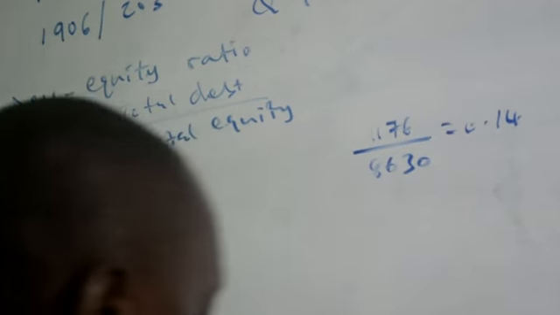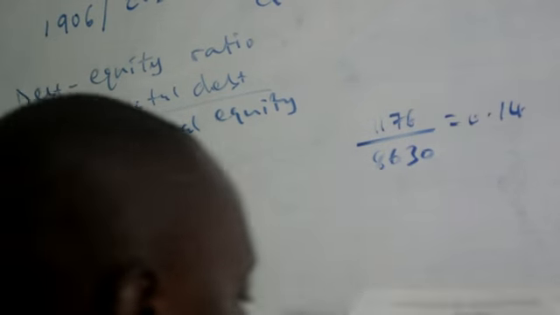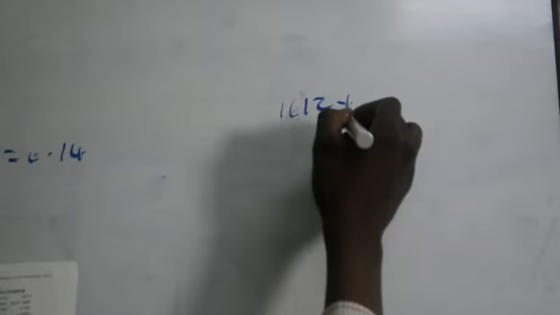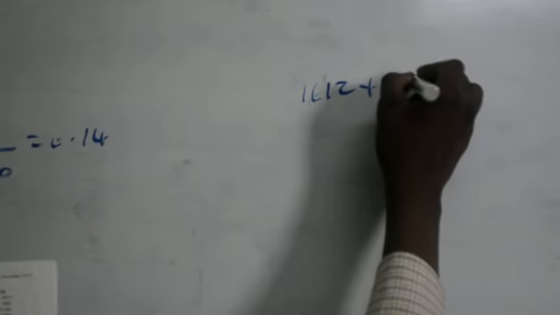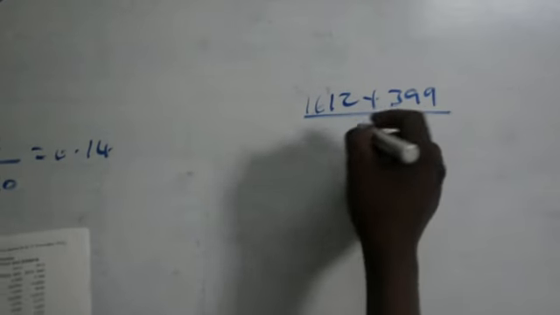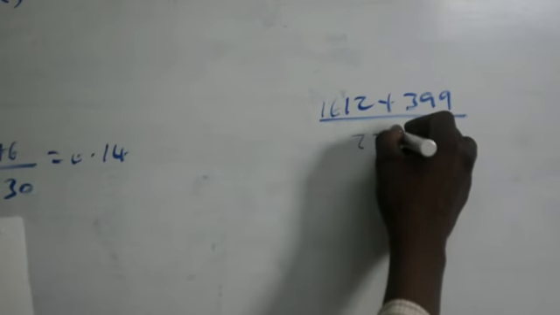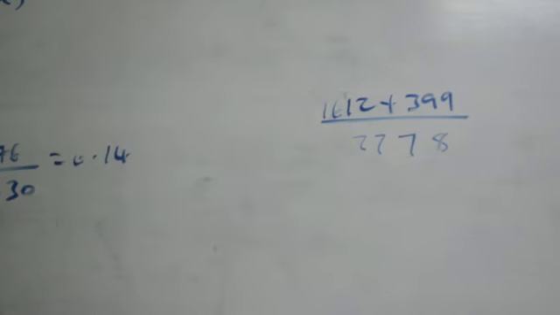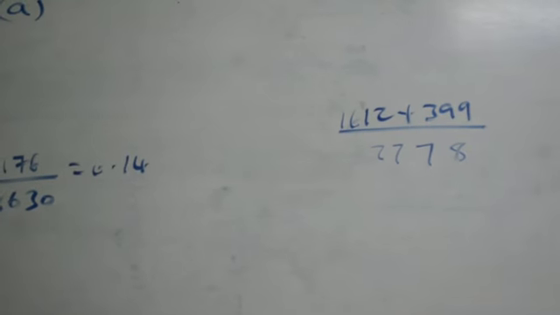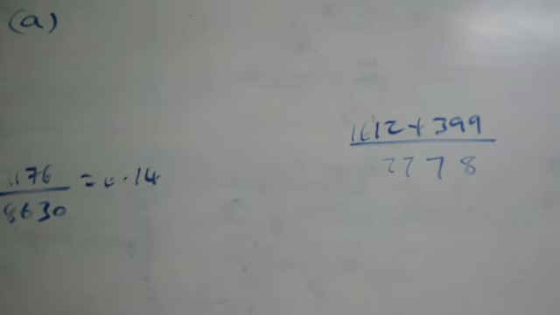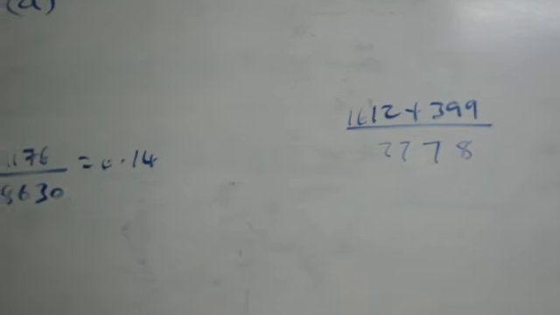Now for the year 2013, we have a bank overdraft of 1612 plus 399. You divide by 7778. So let's do that addition.